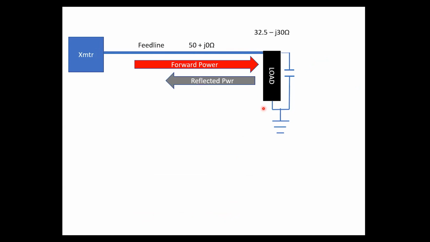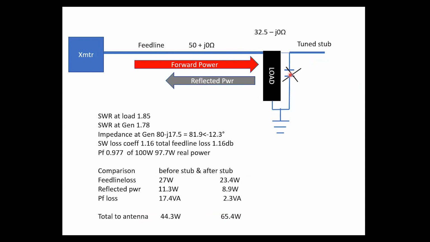So what would happen then if I were to go in and create a stub out here that eliminated that capacitive input? And with that stub, I actually got rid of the reactive portion of the interface. So now I've got 32.5 ohms resistive as the termination.